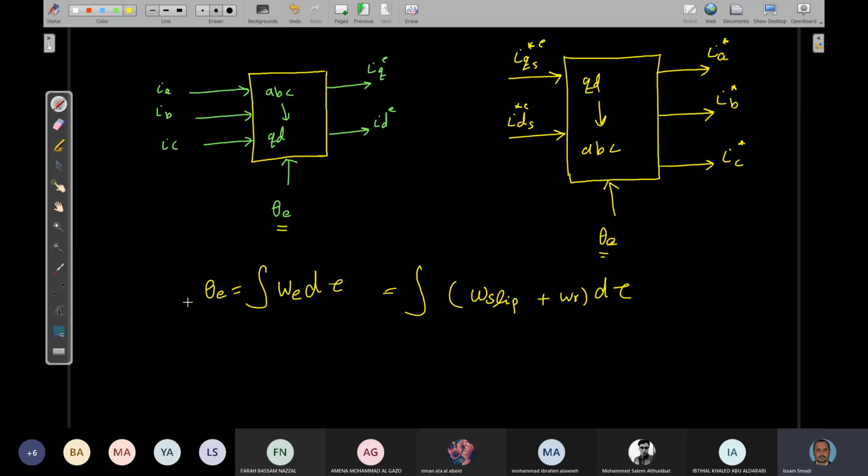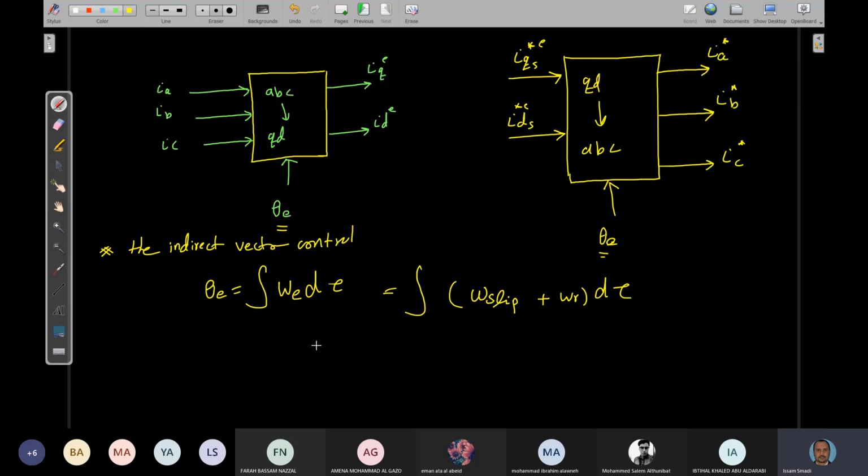If I calculate theta E in this way, this actually is called the indirect vector control, where theta E is evaluated indirectly.